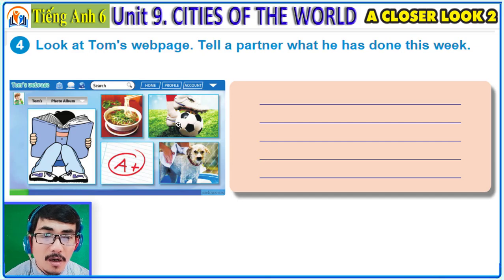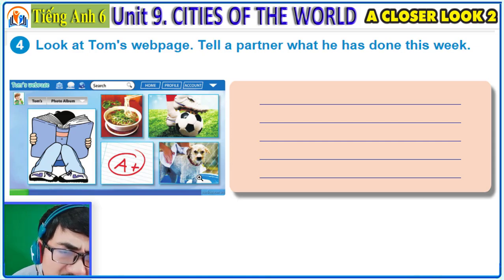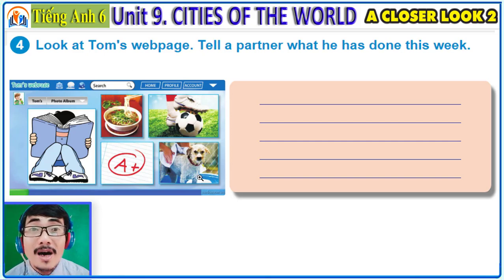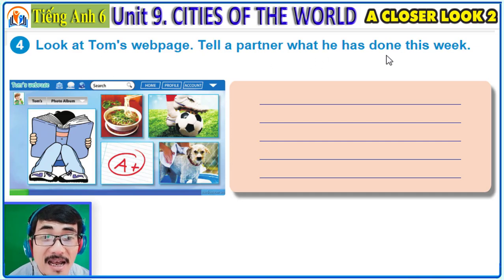Okay, here, play football. Here, get good mark, get A+ mark. Here, what here? Yeah, watch dog. Okay, watch dog. Right. So you tell your partner what Tom has done.